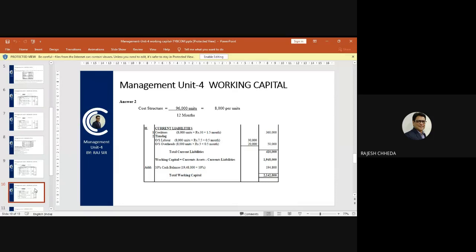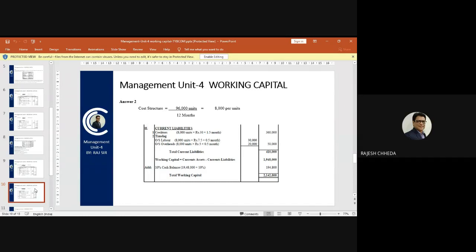So current assets minus current liabilities, everyone in class knows this formula: working capital is equal to current assets minus current liabilities. So that answer comes to 19,48,000.